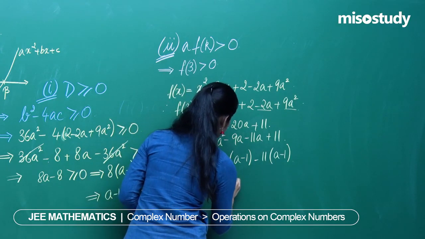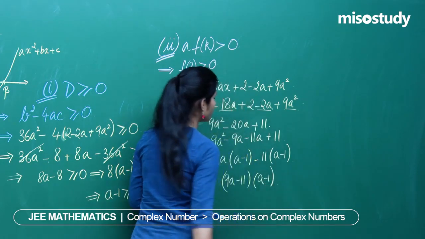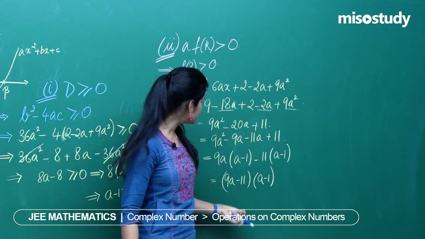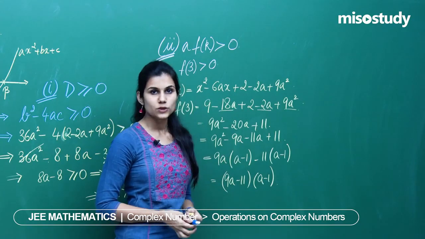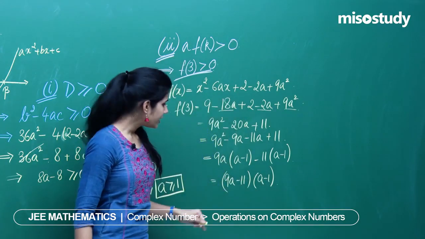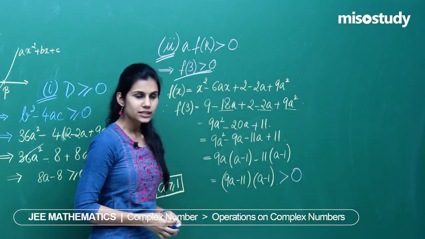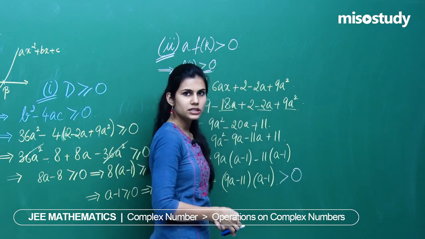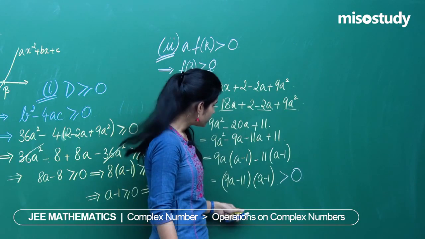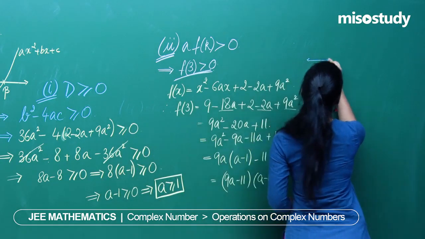This gives you 9a minus 11 and a minus 1. So f of 3 is broken up into two distinct factors, 9a minus 11 and a minus 1. If f of 3 is positive, the product of these two things is positive. How do we get the range of a for which this product is going to be positive? Well, we go and plot the number line.